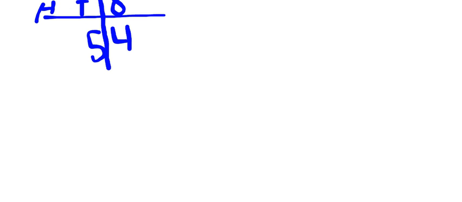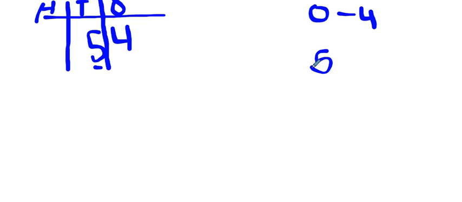And I want to round that number to the tens place, I need to think about if the number to the right is 0 to 4, or if it's 5 to 9. And look, the number to the right here is the number 4.